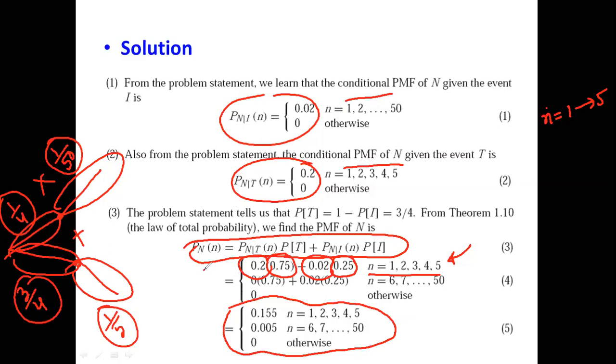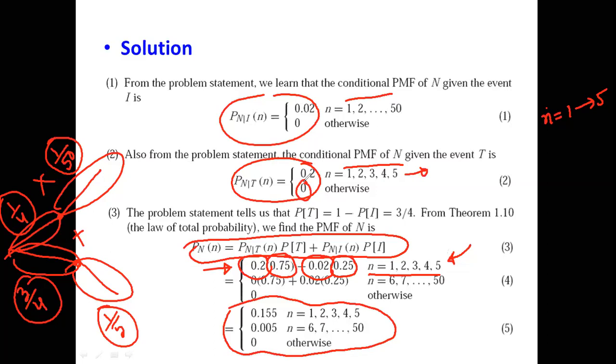So in this first region where we have 1, 2, 3, 4, 5, both the cases have probability. But after 5, there is no probability here. The probability is 0, isn't it?